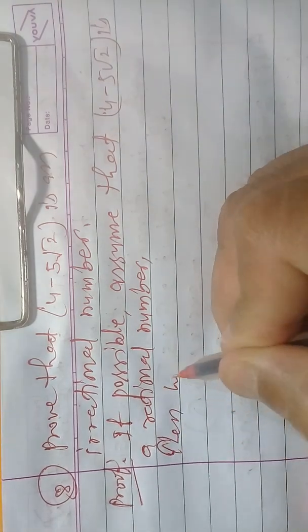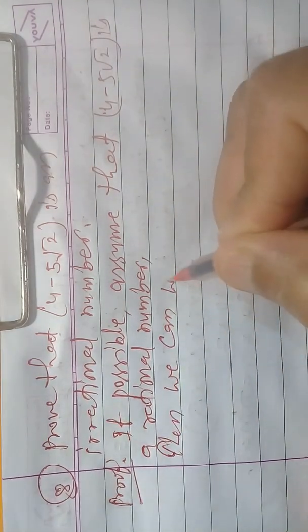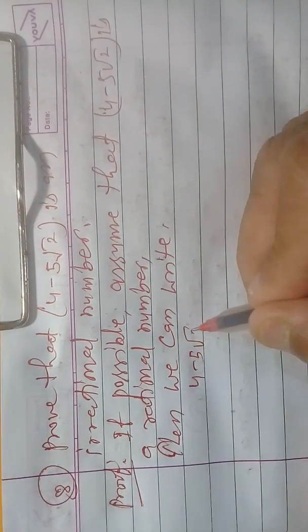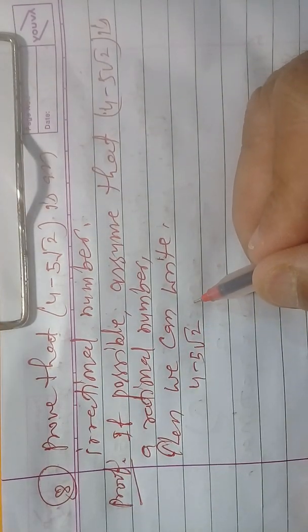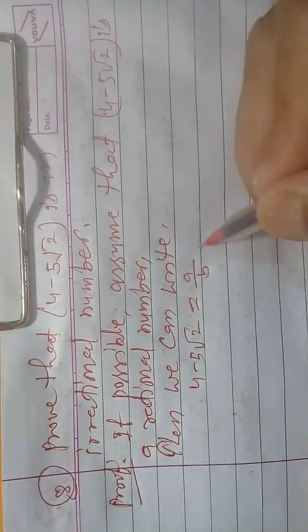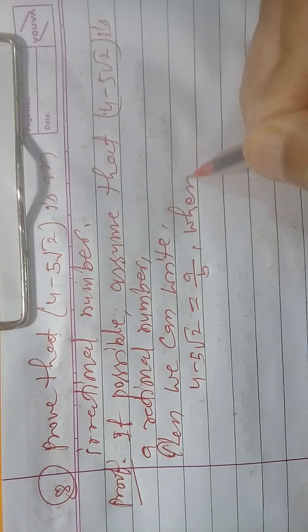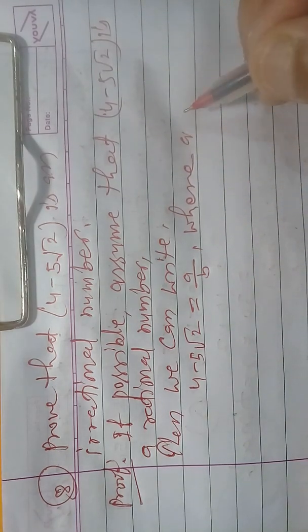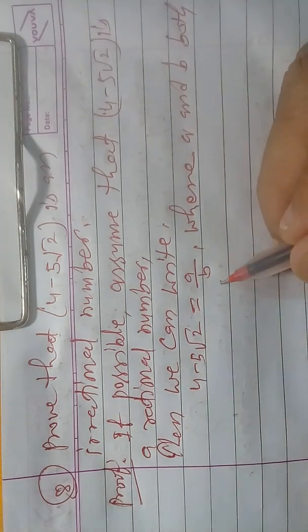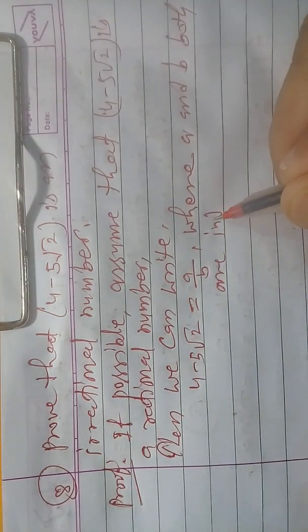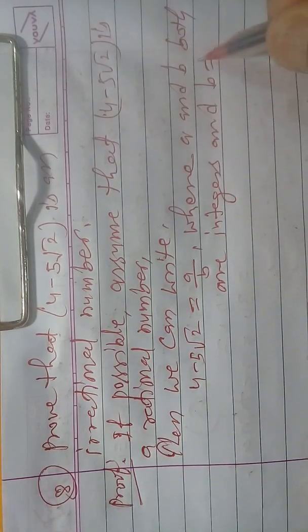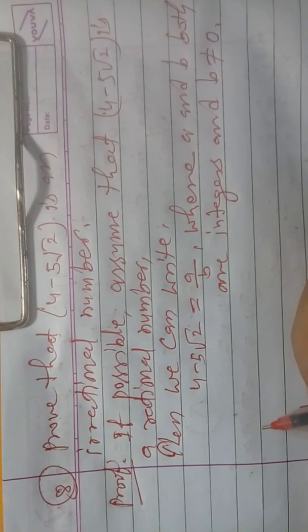Then we can write 4 minus 5 root 2 is equal to a by b, where a and b both are integers and b is not equal to 0.